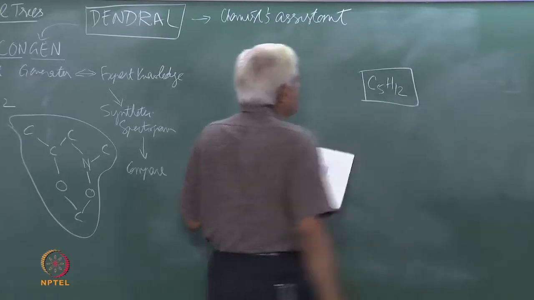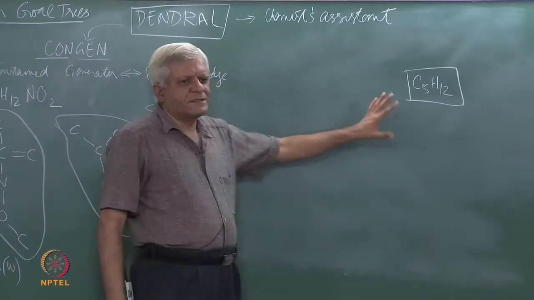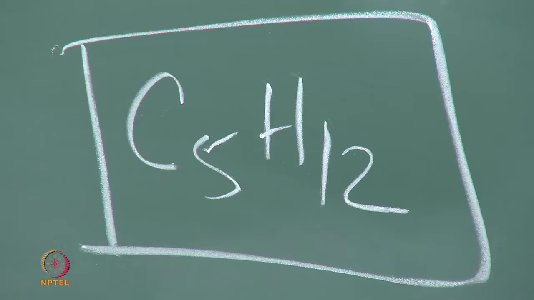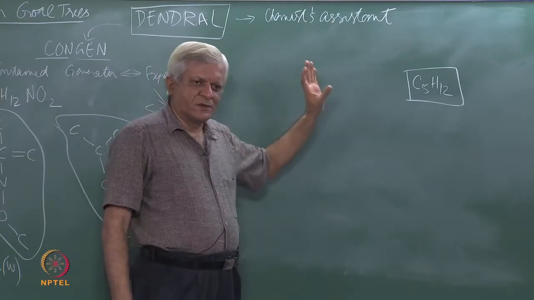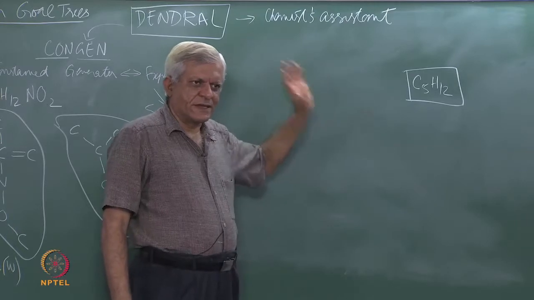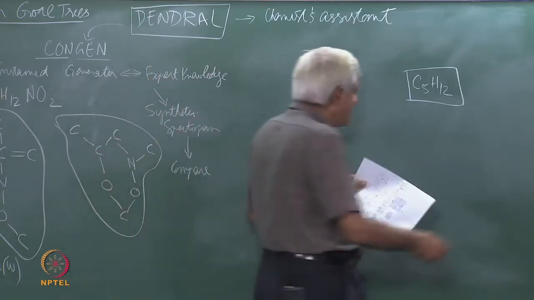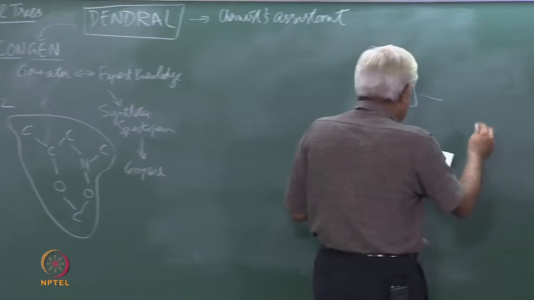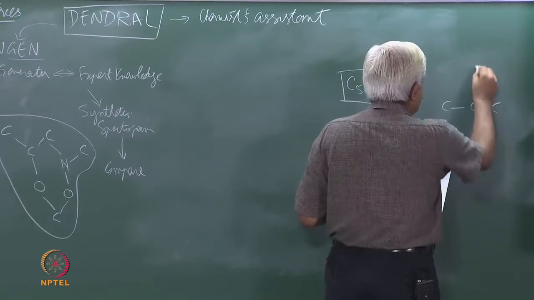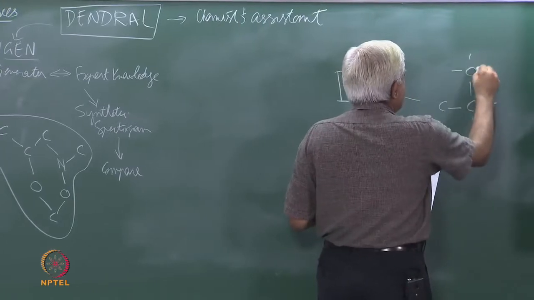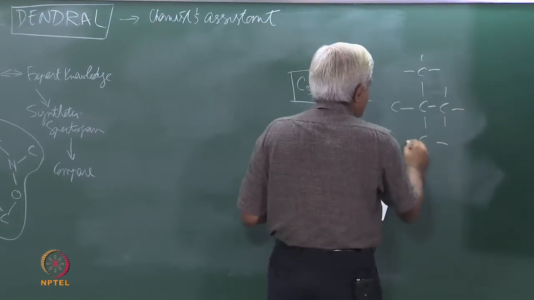This is a molecular formula, and any box which has a molecular formula is an unsolved node, or it may be partially solved, as we will see. A solved node is where the structure is entirely given to you. So, for example, it could be like this: C C C C C, and then the hydrogen atoms.